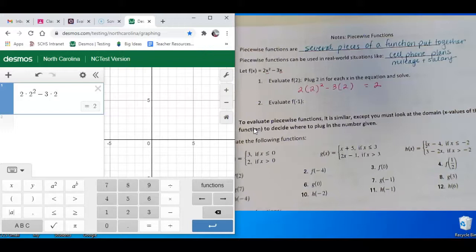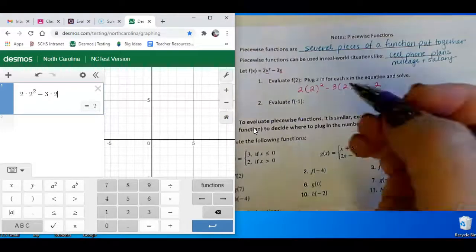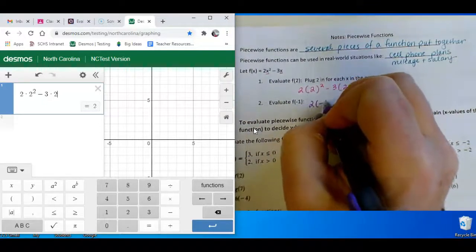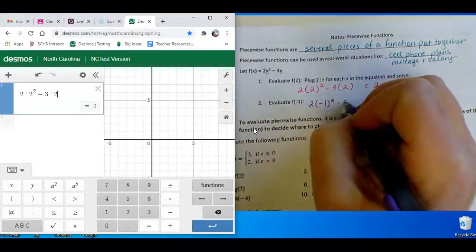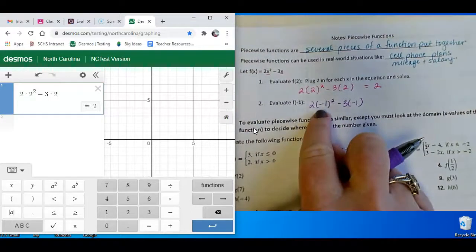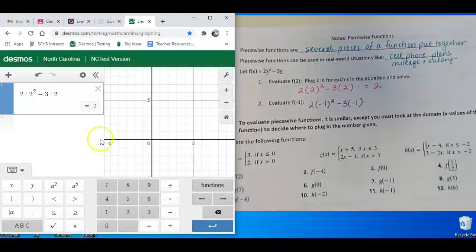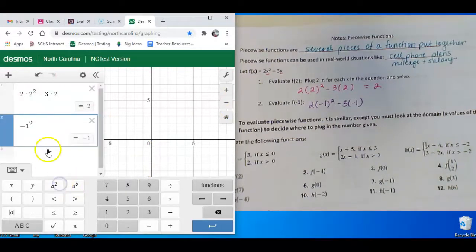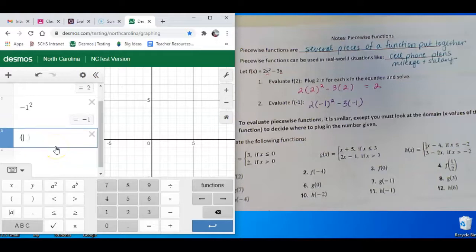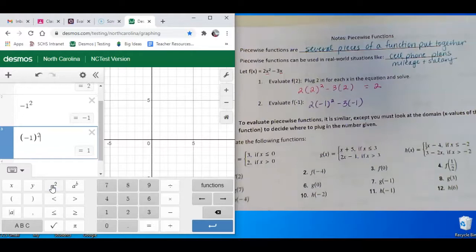Same thing will happen if you wanted to evaluate f of negative 1. You would put a negative 1 in the x place. This one is just a tad bit tricky because you have to be careful how you square that negative 1. I do want you to realize that if you put negative 1 squared, and if you put negative 1 in parentheses and then squared, those two things give you a different answer, okay?